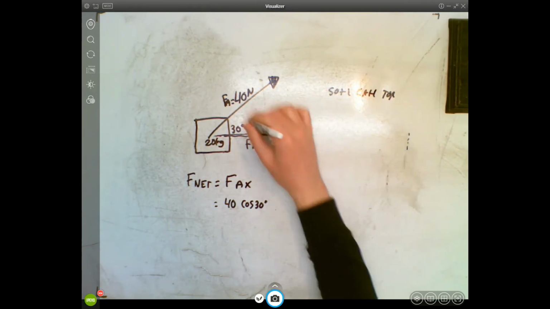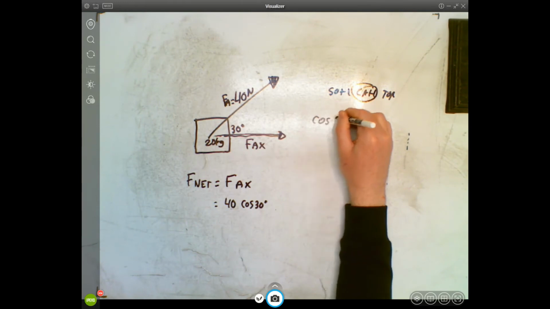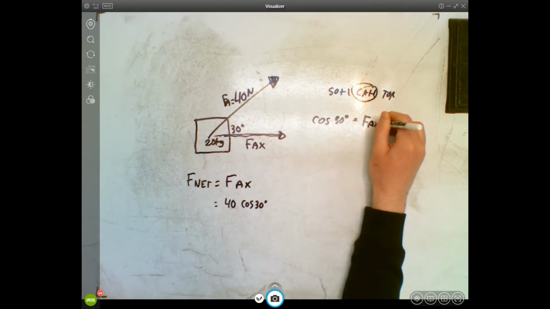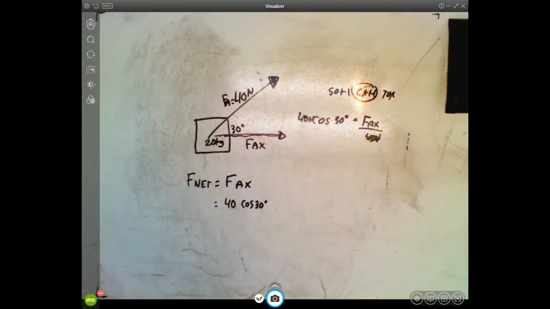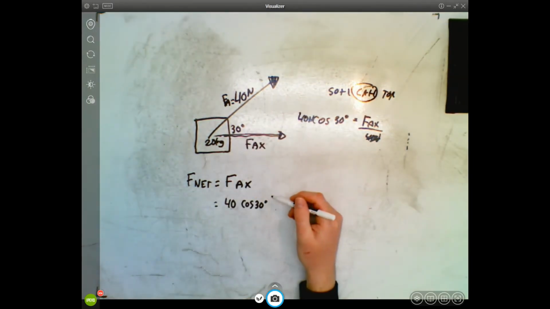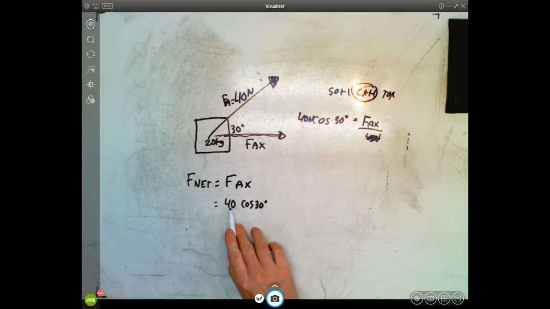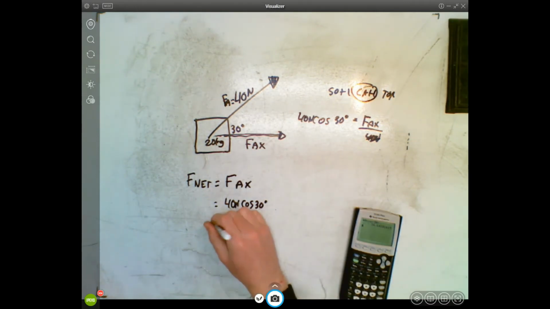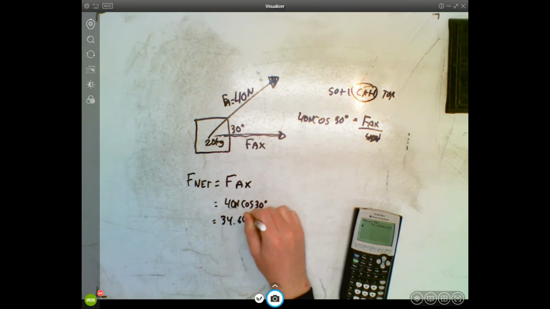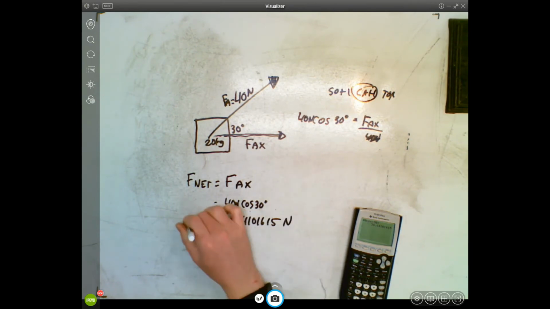We have adjacent and hypotenuse, so cos of 30 equals adjacent over hypotenuse. But because the angles for these questions are usually in RCS already, if you want to find the x, you just go magnitude cos angle. So 40 cos 30 gives us 34.64101615 newtons, and that's our F net acting on our wagon.